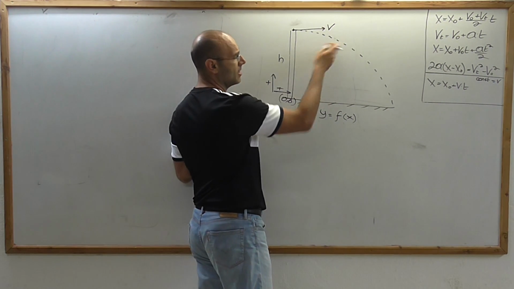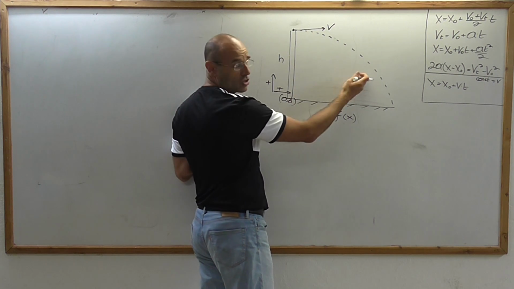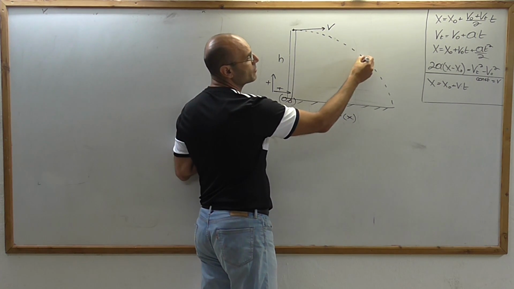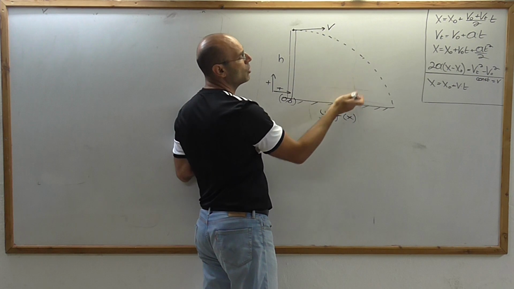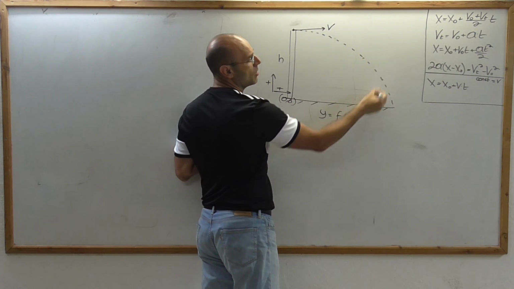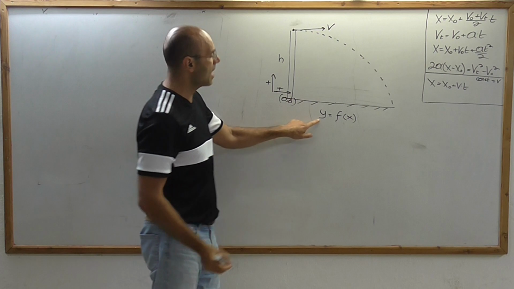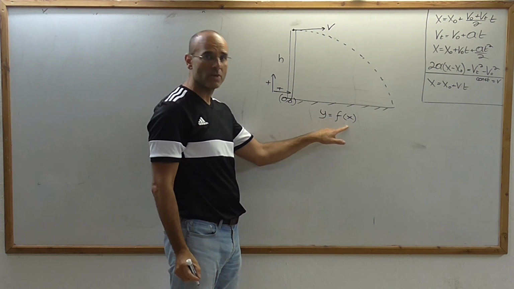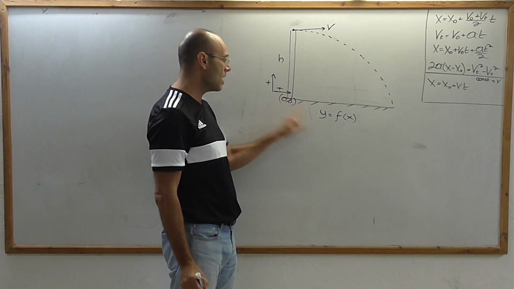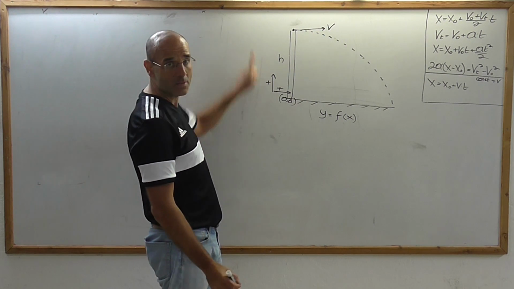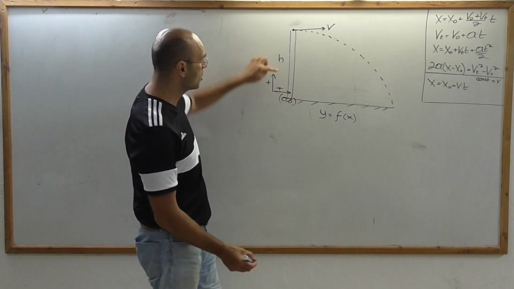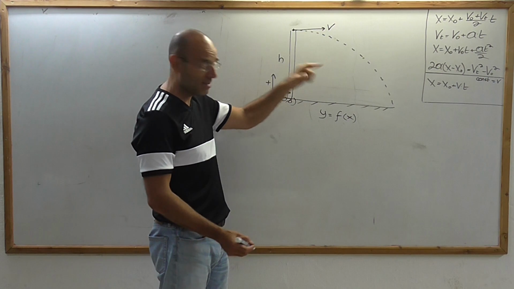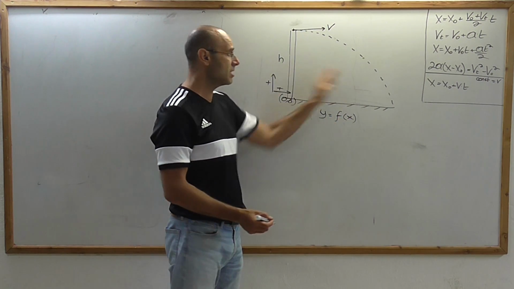Y is the height, x is the range it moved. So if the range is, for example, this range, I want to know what height it is. If the range is here, I want to know what height it is. I want to find the height as a function of the range, okay? Height is the y, this is why I chose this as the positive and this as the origin, because the y I get is exactly the height and the x will be the range.